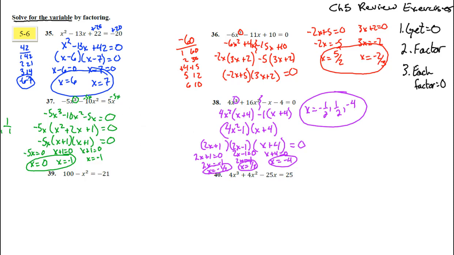Great. Number 39. Oh, yuck. Okay, we got to get it equal to 0. So we can pull this one over here if we want. Ooh, but we could add the x squared over. And then the x squared's positive, and then we could subtract the 100. What do we get?